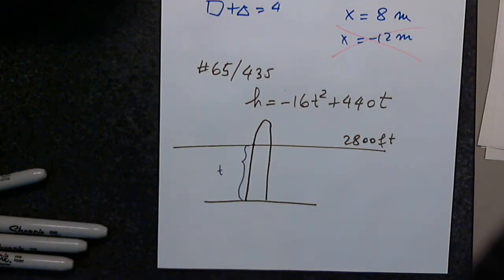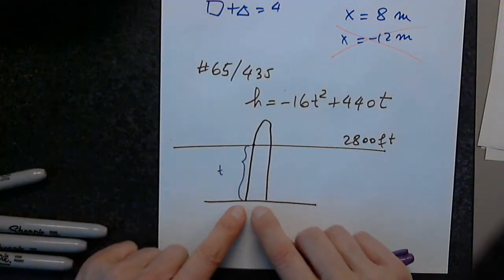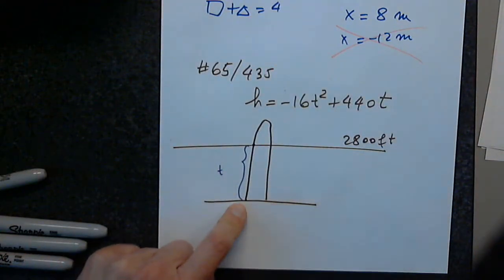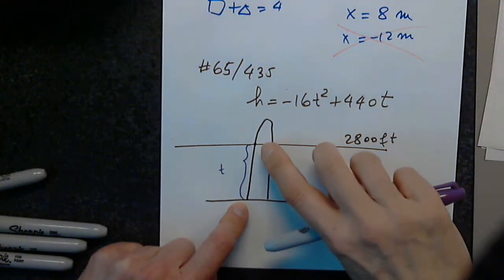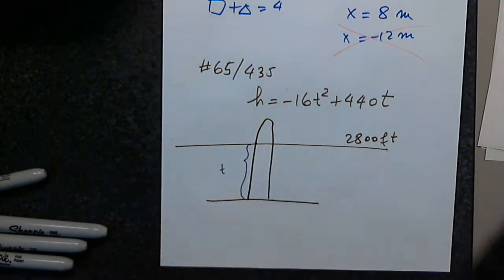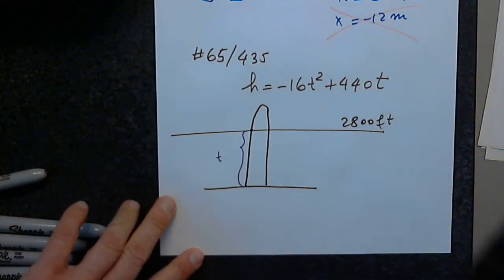Find how many seconds pass before the rocket reaches a height of 2,800 feet. Find the time from the moment we launch it up in the air till it crosses the altitude of 2,800 feet. So I would rewrite the formula we have to account for the 2,800. Good. I'm ready when you are.